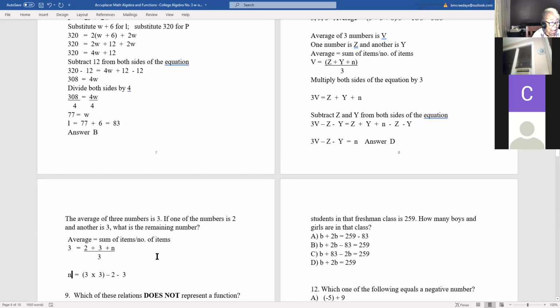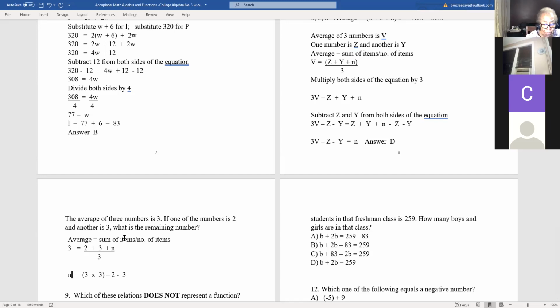In order to get an average of 3 with 3 numbers, your total must be 9. So you add the 2 and the 3 and subtract from the 9 to get what n should be. 3 times 3 is 9 minus 2 minus 3, which would be 4, because it's 9 minus 5.